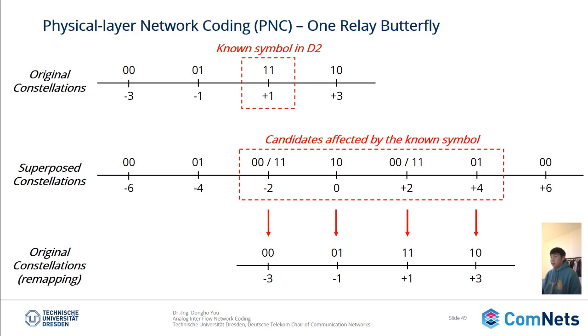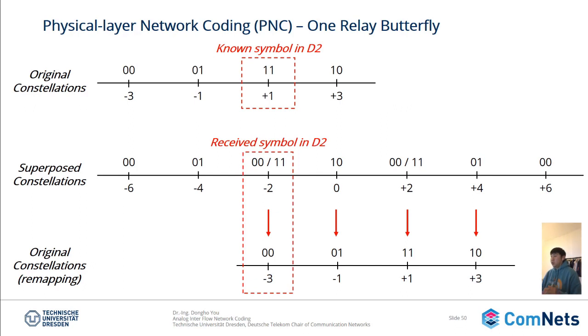In other words, these 4 points are the candidates affected by the known symbol +1, right? Since D2 received the superposed signal -2, the desired symbol is -3, transmitted by S2. The nodes use the same mapping rule, so the problem of using QAM can be solved easily.